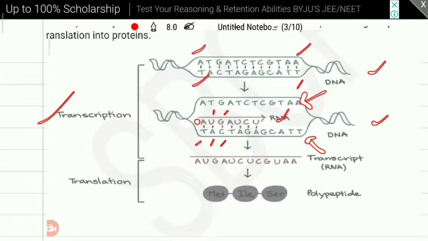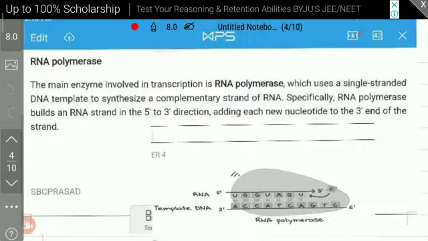Finally, this RNA that is prepared comes out of the DNA, and that is called the transcript, and the entire process is called transcription. And later, what happened? The transcript is used for the formation of a polypeptide or protein subunit. This is what we have seen. This is the process of what is called transcription.